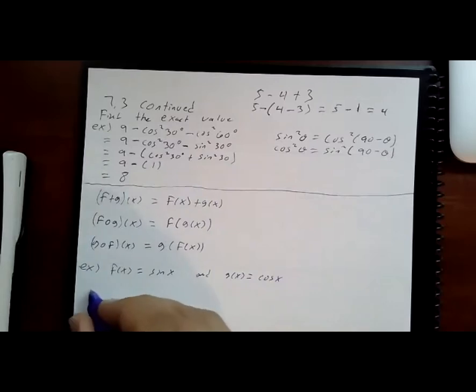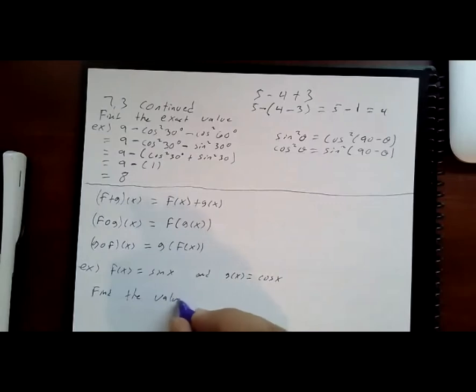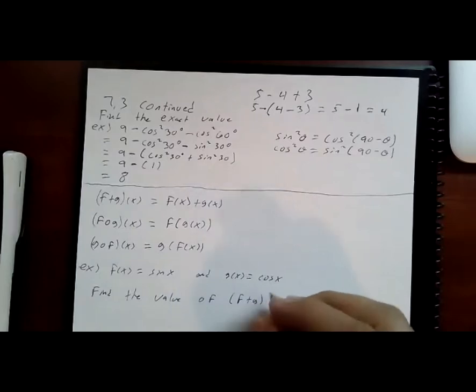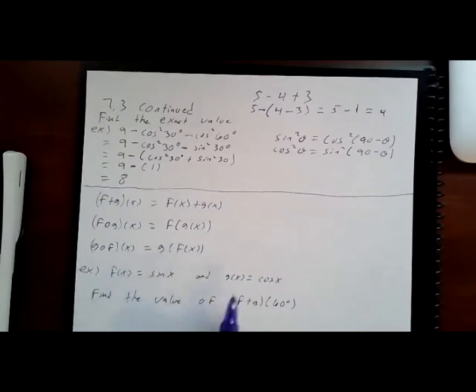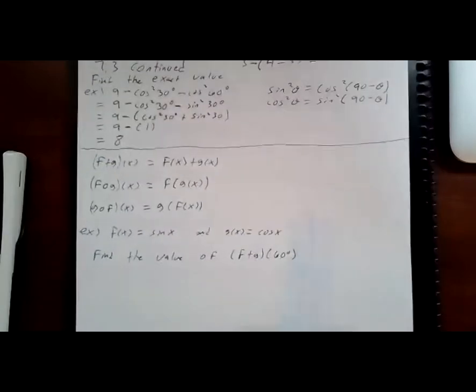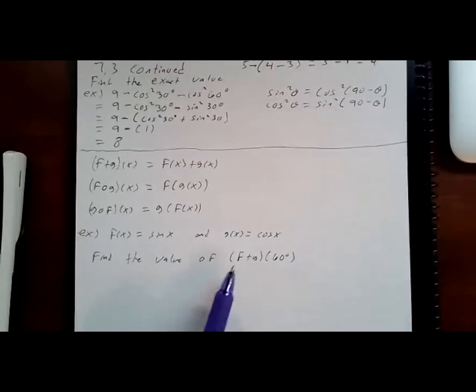We are going to say find the value of f plus g of 60 degrees. So they defined f, defined g. So all you have to do is separate these functions, right?